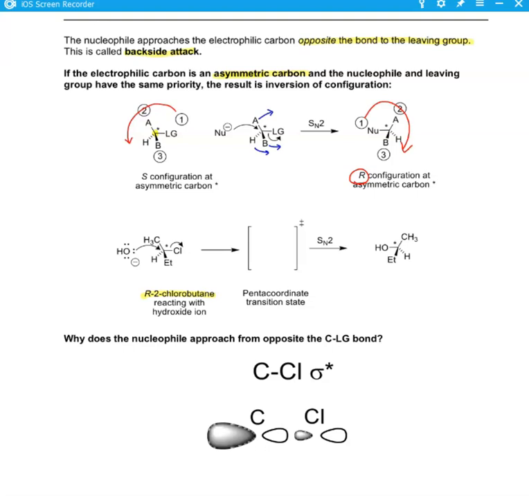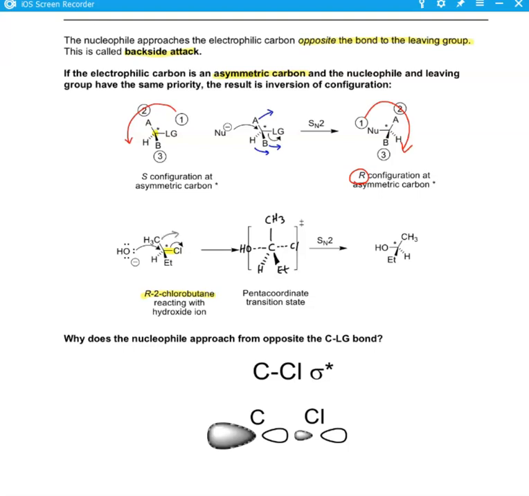Once you've done that, let's take a look at the transition state. So the transition state is going to look much like we saw on the previous page. So a hydroxide ion attacking a carbon that has a chlorine attached to it. The carbon has a methyl group, hydrogen, and an ethyl group. So as the hydroxide comes in, it comes in opposite the bond to the chlorine, so opposite this bond here.